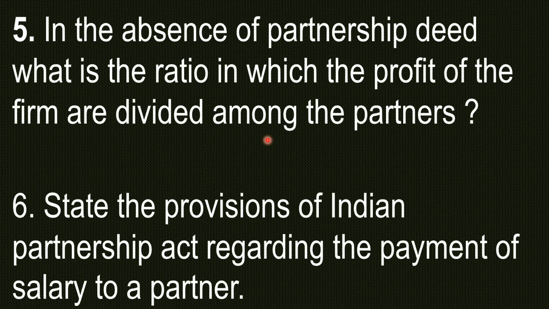Now here in this case, when the deed remains silent, the profit or loss, whatever may be, will be divided equally, in equal ratio. So the answer will be equal ratio. If 2 partners, 1:1. If 3 partners, 1:1:1. So ultimately you have to remember that it is equal ratio.